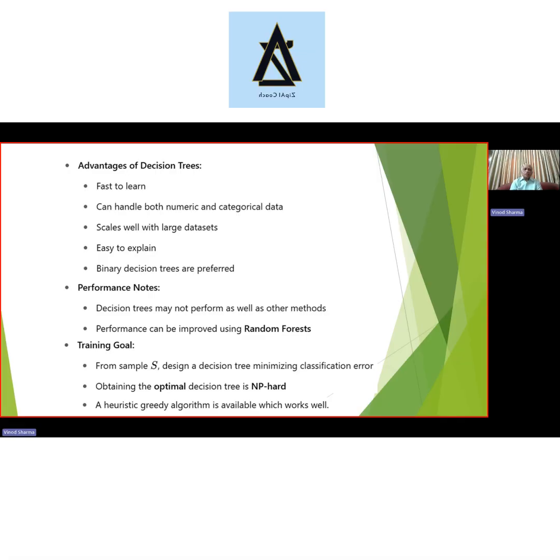In that case, luckily, there is an algorithm available, which is a heuristic algorithm. It's called heuristic greedy. It's greedy in nature, which is computationally not that expensive and has been found to work well, even though it may not provide the optimal decision tree. Therefore, in practice, this greedy algorithm is used to design the decision tree from the training sample.